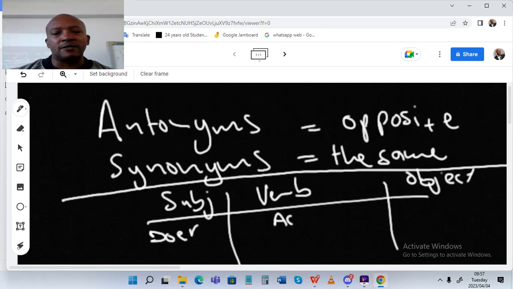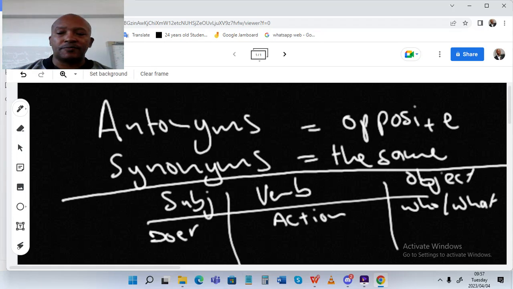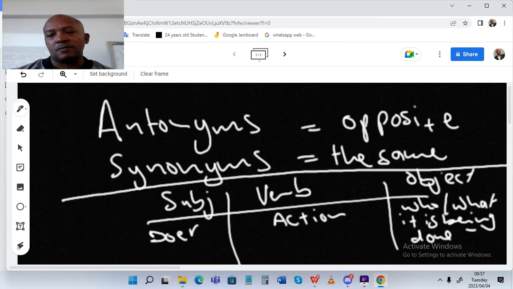Verb is the action words, and the object is who or what it is being done to. Okay, great. So we said the boy is the doer, kicks is the action, the ball, it is being done to the ball.